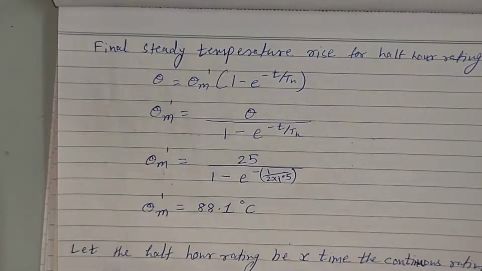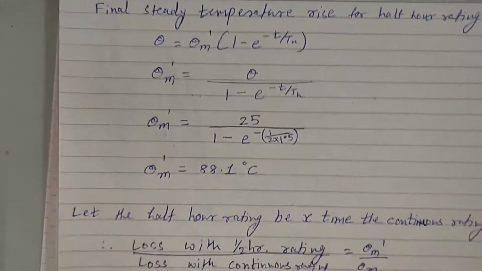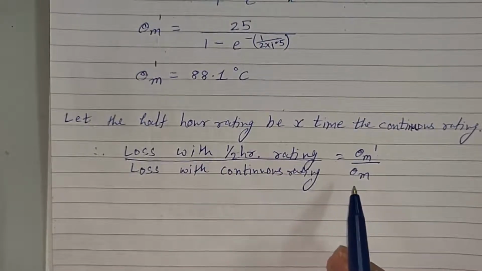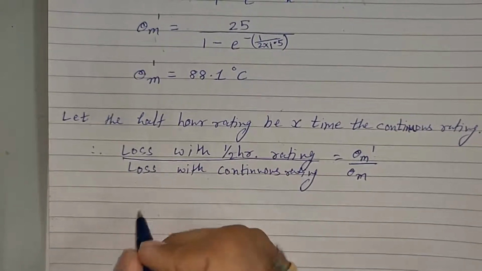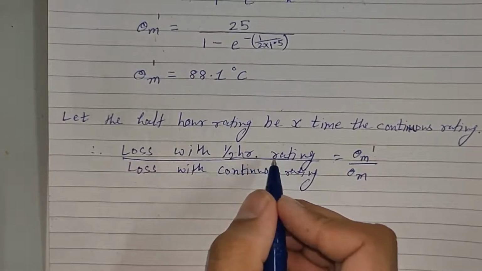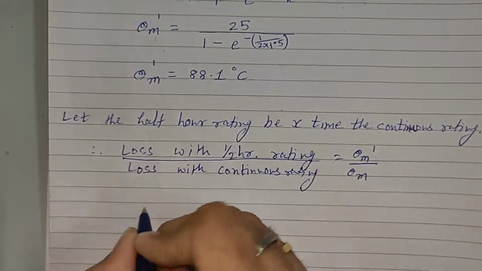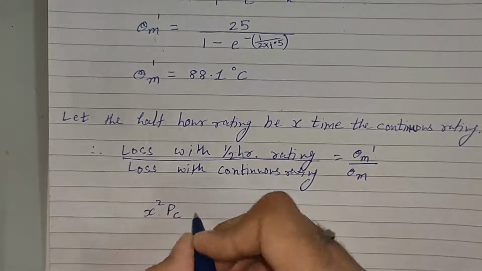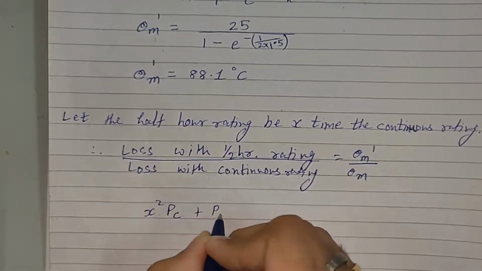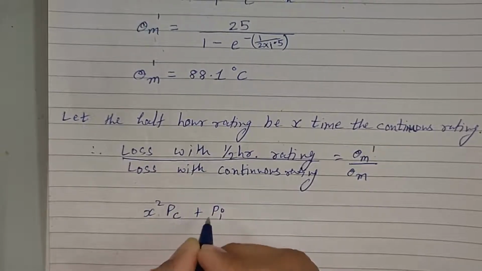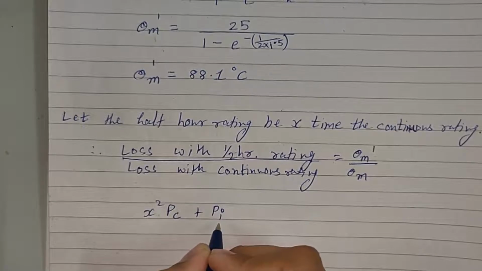So again changing the nomenclature to theta m dash and substituting the values in this particular equation. Now if we are talking about the half hour rating, so x square Pc plus Pi, where Pc is nothing but the copper losses and Pi are the iron losses.